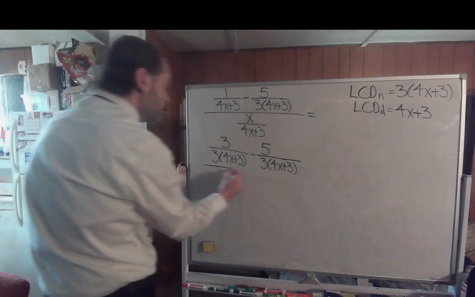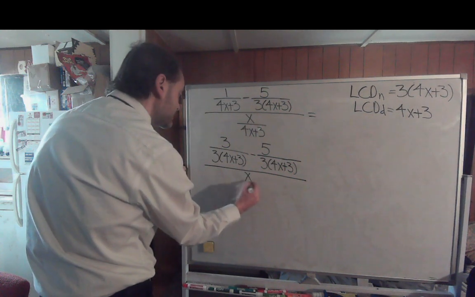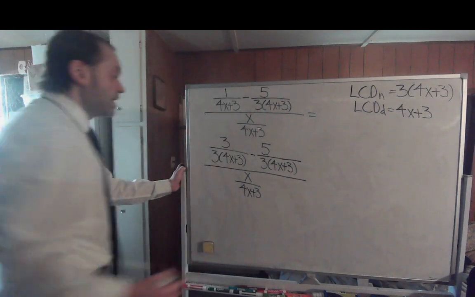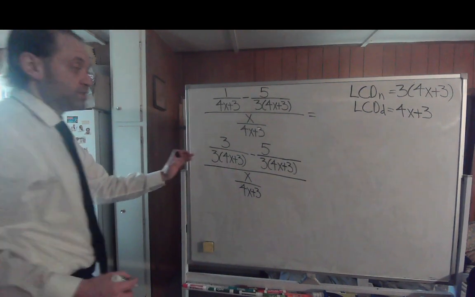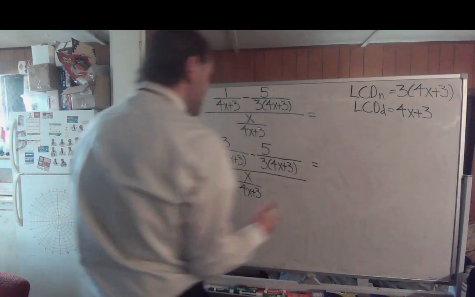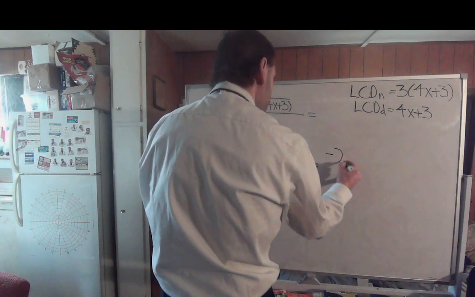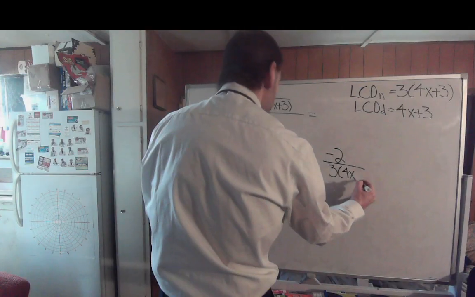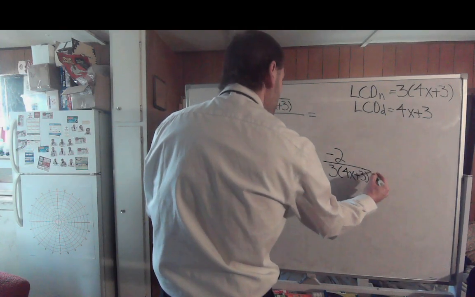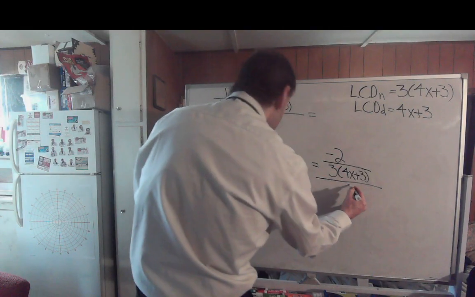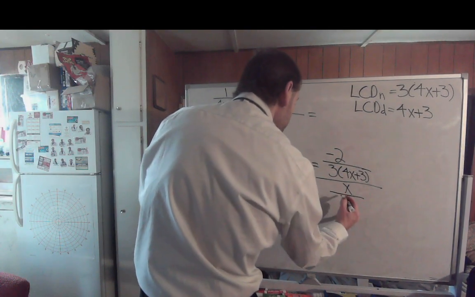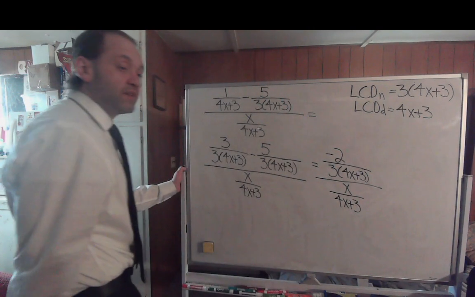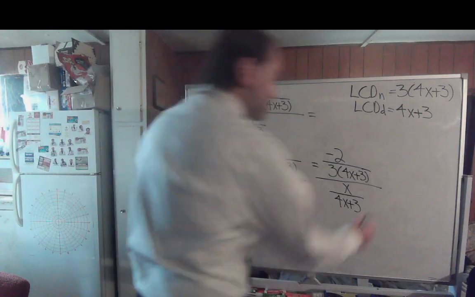And then this is all going to be over x over 4x plus 3. Alright, now we can simplify the numerator since they both have the same common denominator. This would be negative 2 over 3 times 4x plus 3, all that all over x times 4x plus 3. Well, we've simplified all we can, so now we just invert and multiply.